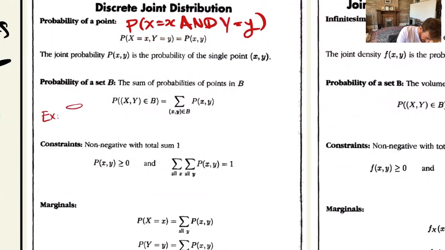imagine I've got my urn, which has 5 red and 5 green.